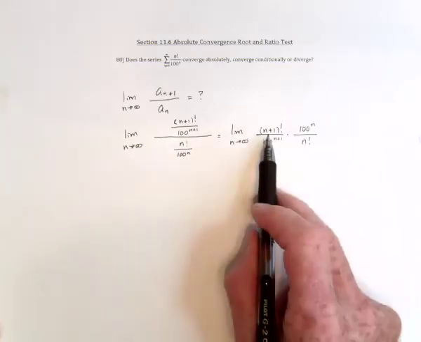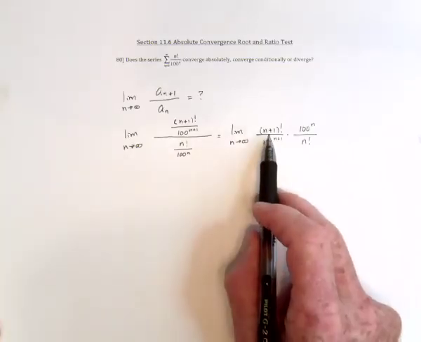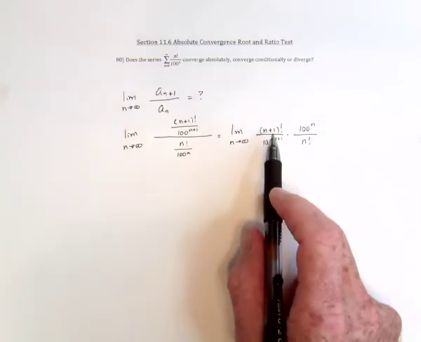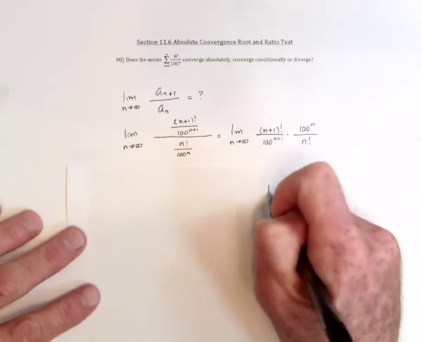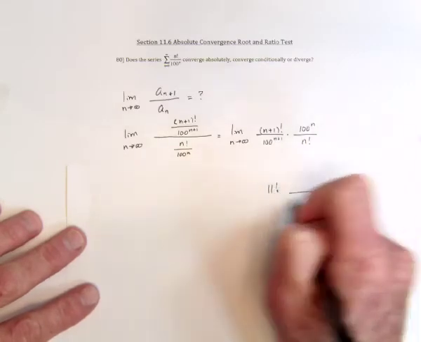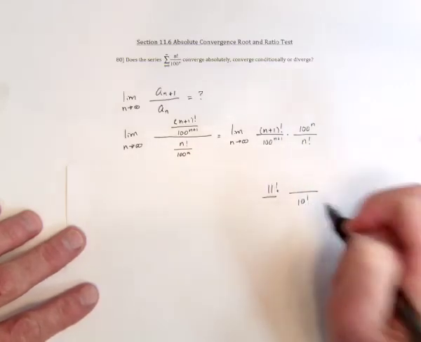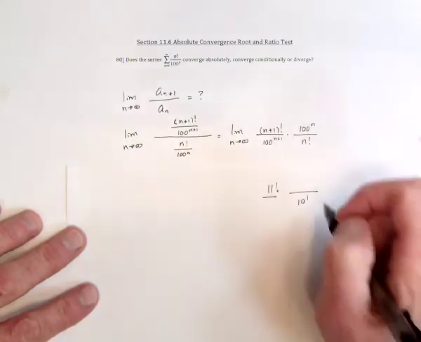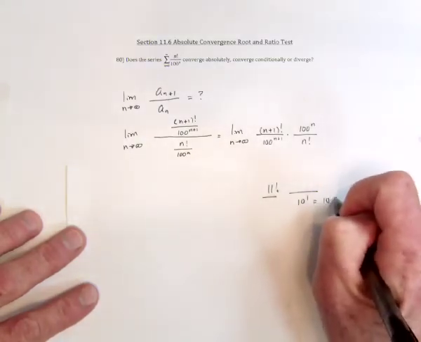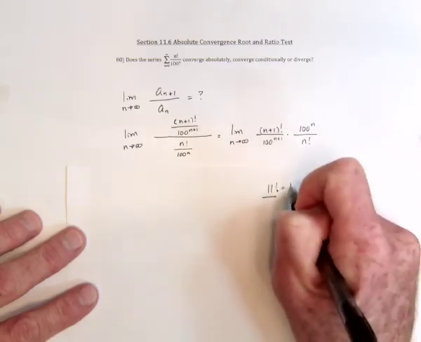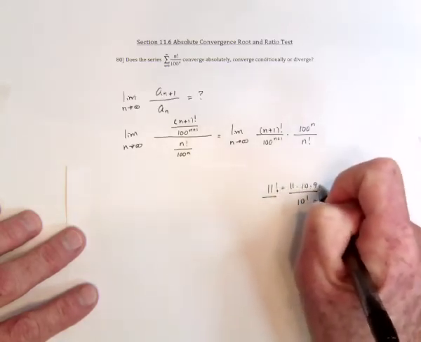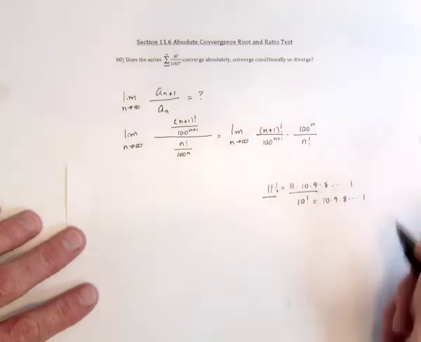So if you look at n plus 1 factorial, that would be something like 11 factorial, and then down here you've got 10 factorial. Well, 10 factorial means 10 times 9 times 8, etc., all the way down to 1. 11 factorial means 11 times 10 times 9 times 8, etc., all the way down to 1.